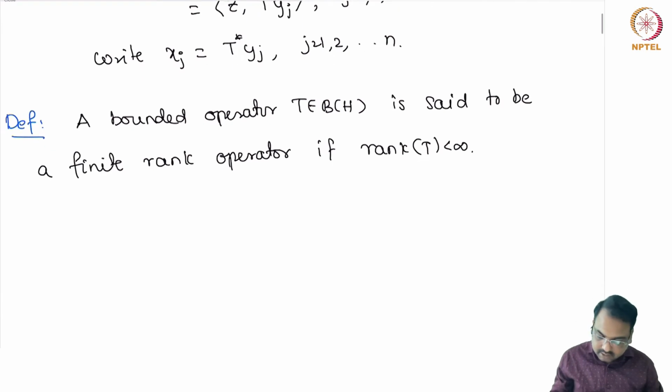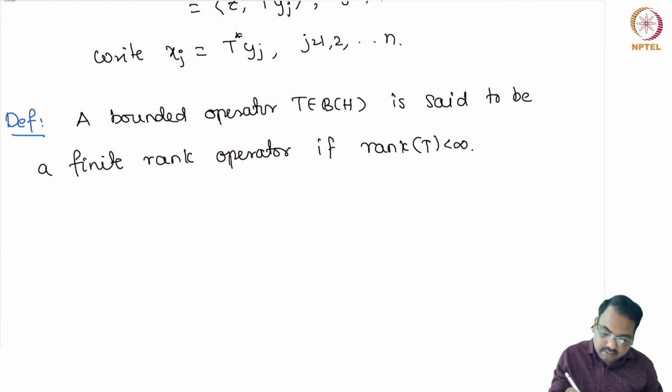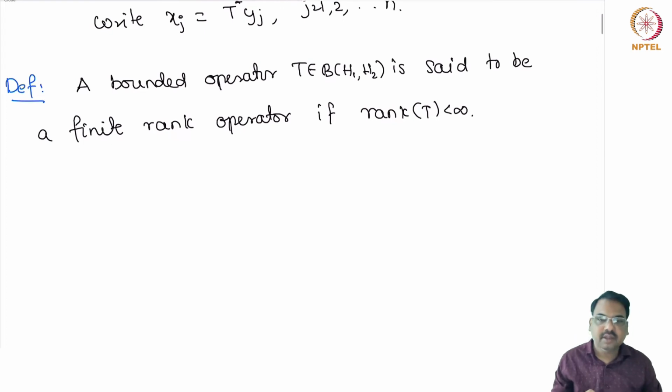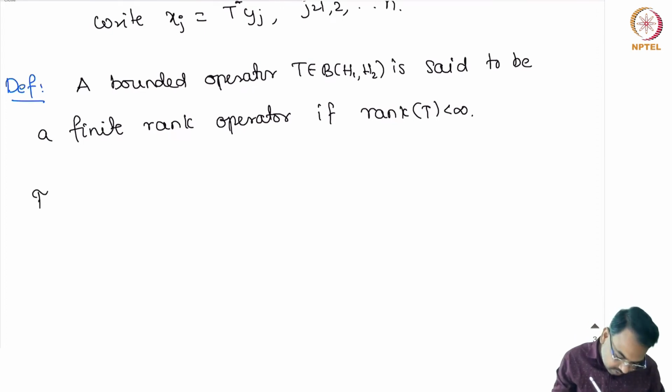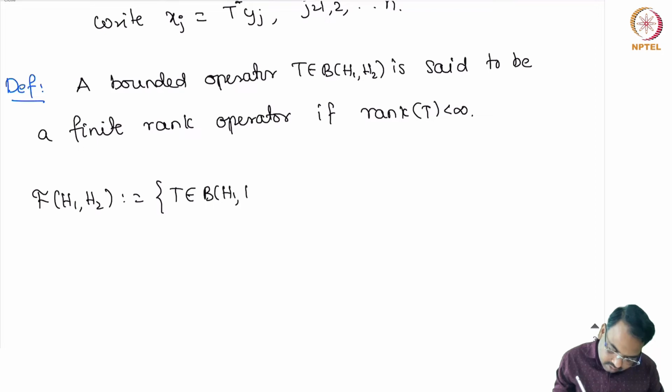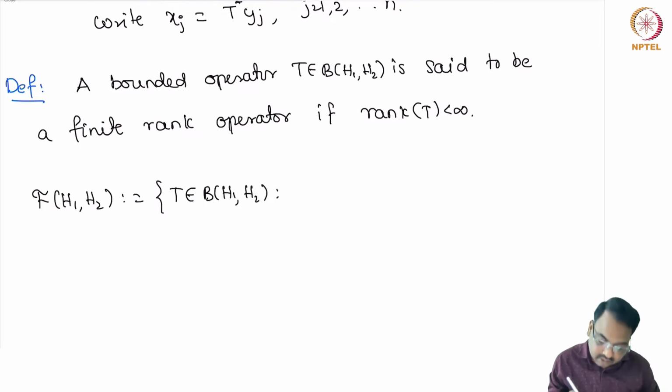So we usually write, so here we can take T from H1 into H2. So we denote the set of all finite rank operators by script F of H1, H2, the set of all bounded operators from H1 into H2 such that T is finite rank.